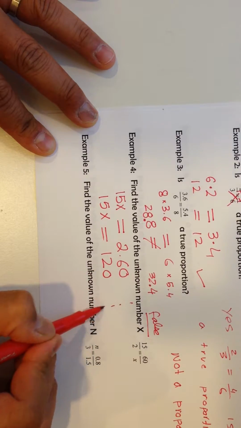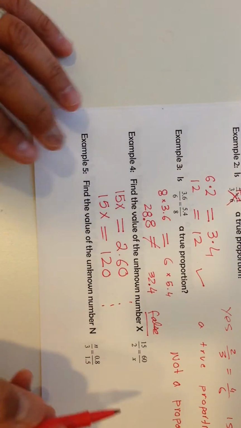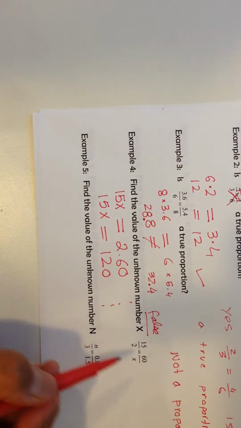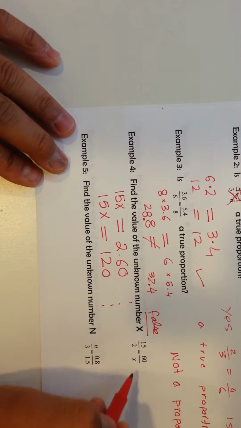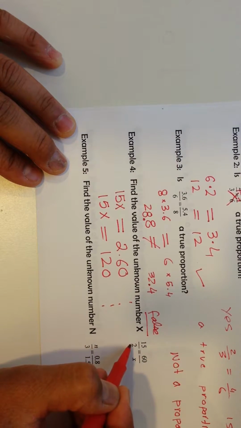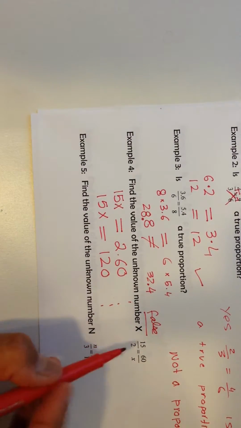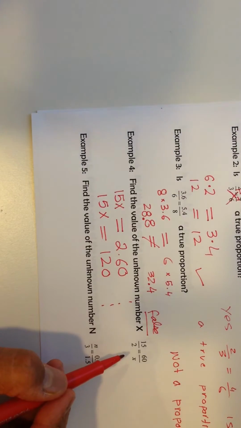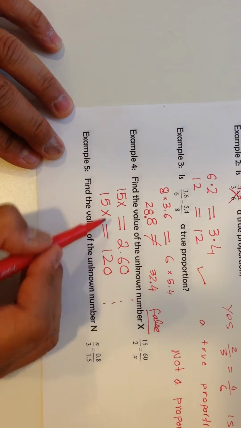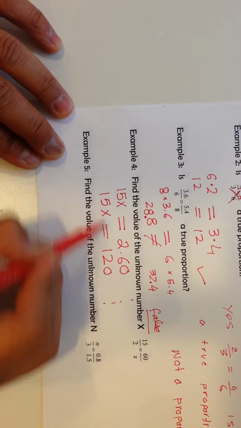Right? Now here is the big step. Once you have cross multiplied, you're going to get this statement. The next thing to find out what the missing value is, what you do is you divide everything by 15.